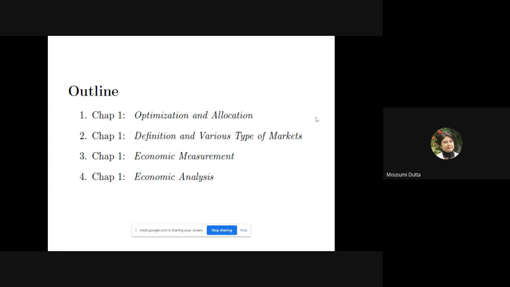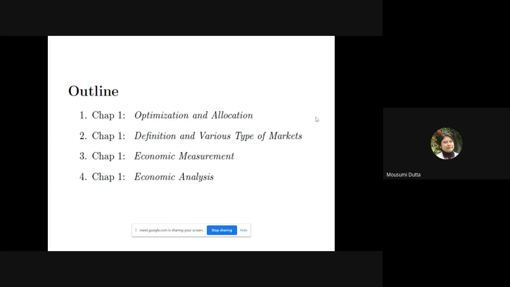Now I'm coming back to this particular course, that is Microeconomics I, Principles of Microeconomics. The first chapter we will consider will have 4 parts. First, I'll give you the introduction of optimization and allocation. As I mentioned in the definition of microeconomics, microeconomics concentrates on the allocation of limited resources.